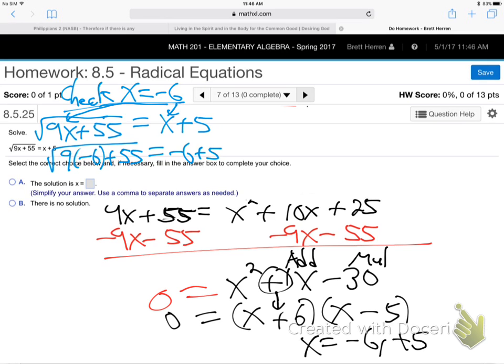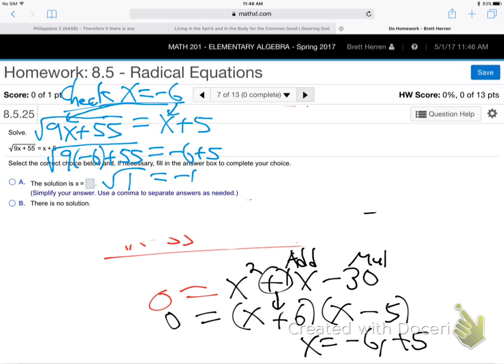What is that? Square root of 1 equals -1? Square root of 1 is 1, equals -1? No. See how that answer is not a good answer? Because it did not make the two sides equal. It did not make the left side equal the right side.